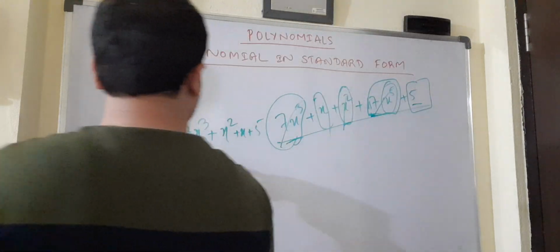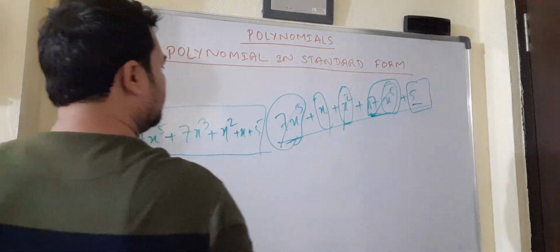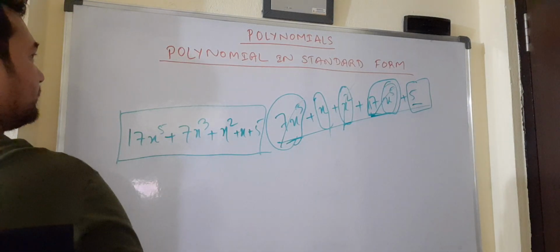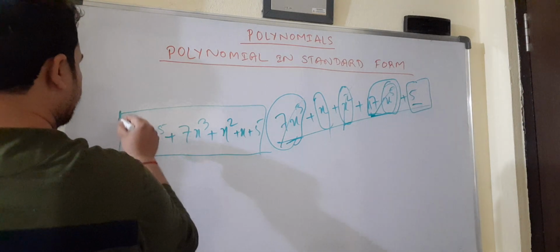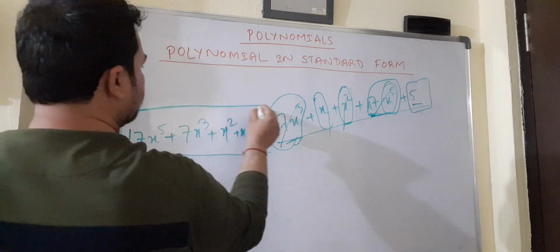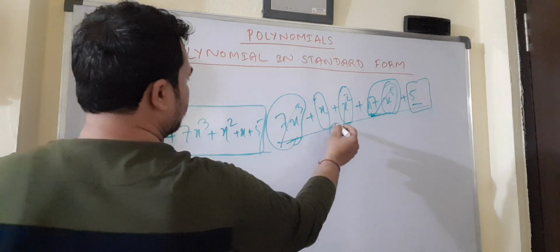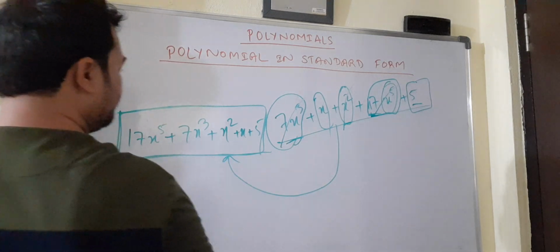If we arrange the polynomial from this form to this form, this is called the standard form, and in this way you have converted this polynomial into its standard form.